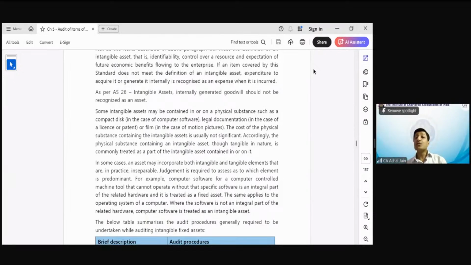And when it comes to the cost component, again similar to PPE, the cost will include the purchase cost and the directly attributable costs.